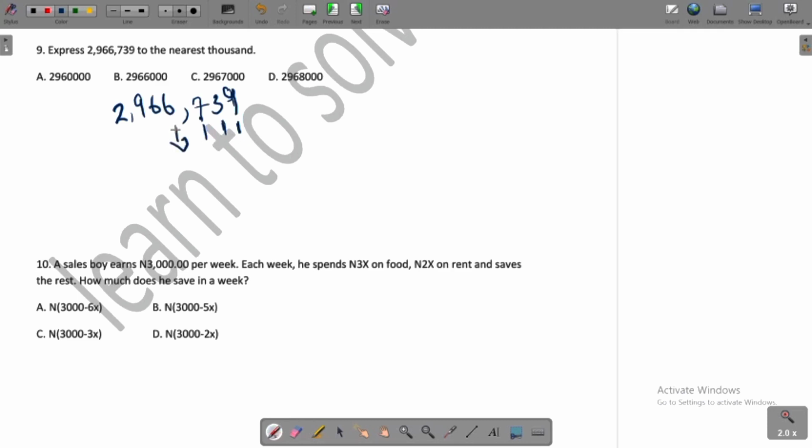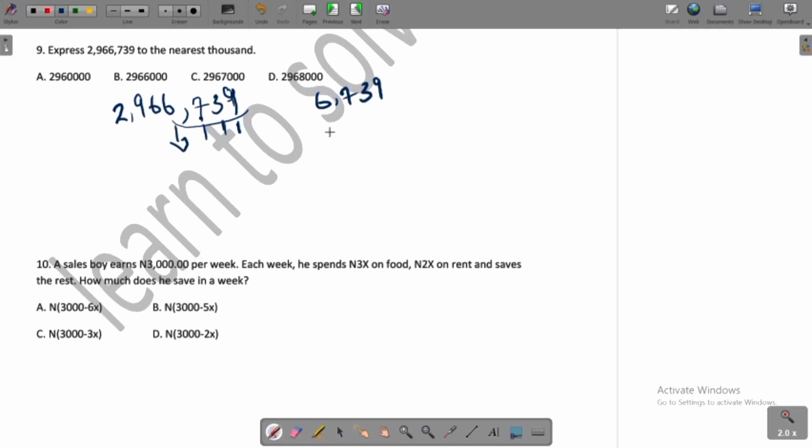Since we have to express to the nearest thousand, we are approximating, rounding up or rounding down. So let's assume we have 6,739 separately. We have to approximate to the nearest thousand. So how do we do that?